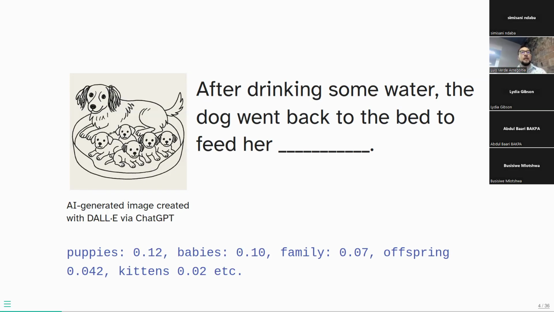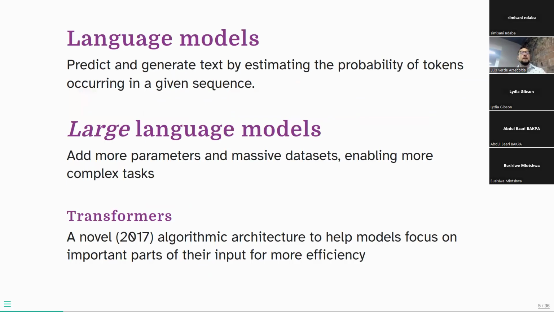Ultimately, that's what a language model does. Language models, we use those to predict and generate text by estimating the probability of tokens occurring in a given sequence. And tokens are just series of characters, maybe words, maybe sentences. This is just how the computer stores text. And language models are just predictive models that can generate text.